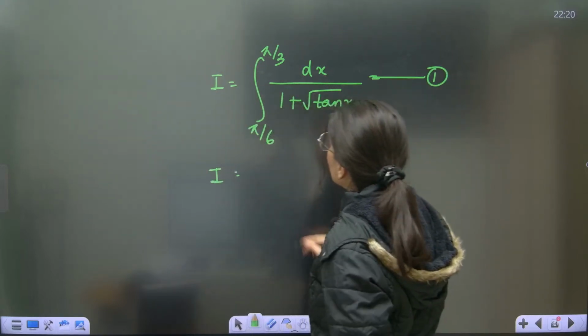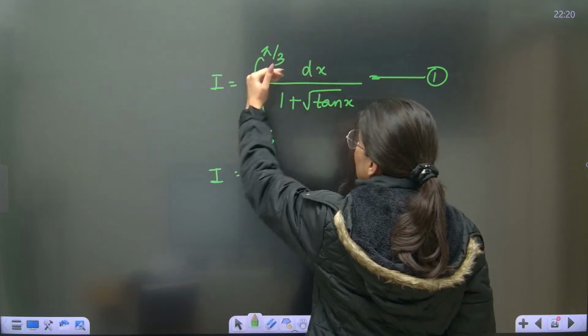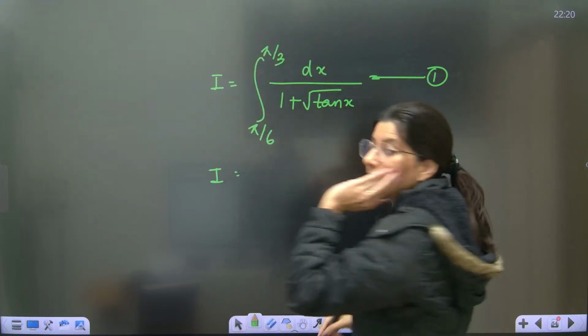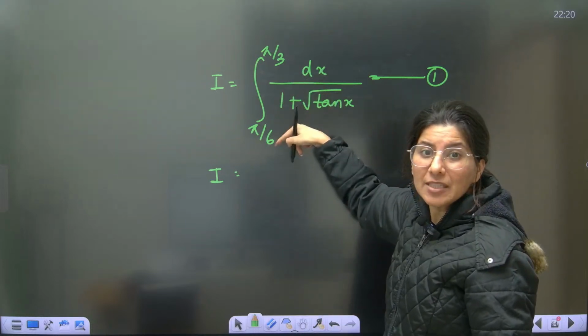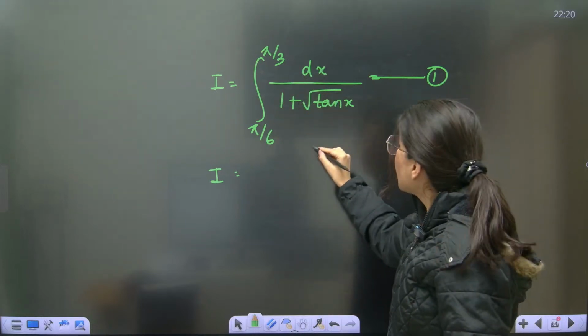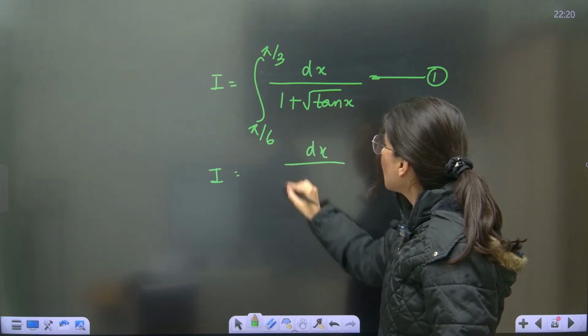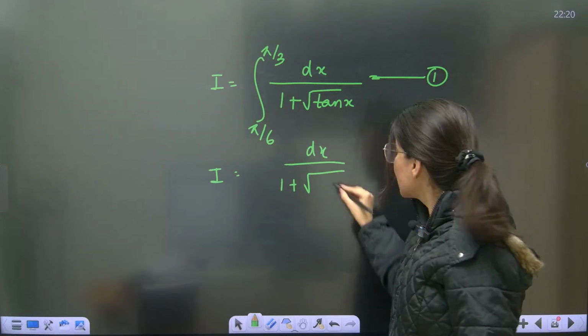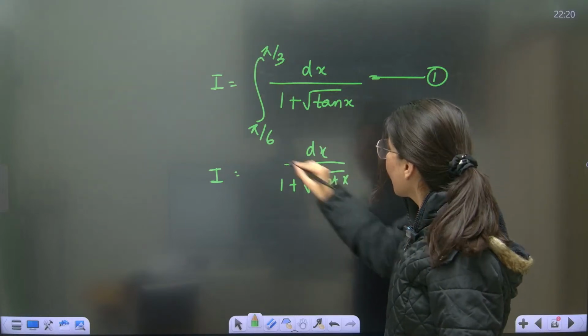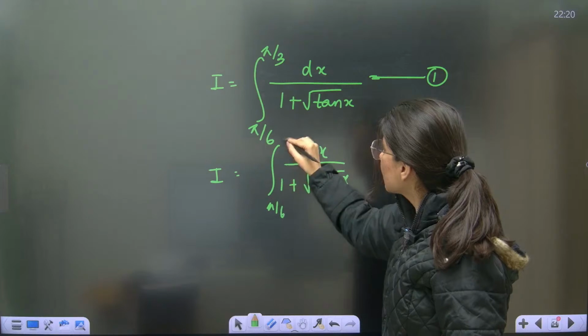King's rule will be f of x equals f of a plus b minus x, upper limit plus lower limit minus x. Pi by 3 plus pi by 6 is pi by 2. So pi by 2 minus x. So dx upon 1 plus square root tan of pi by 2 minus x, which is cot x, guys. Integral again same, pi by 6 to pi by 3.